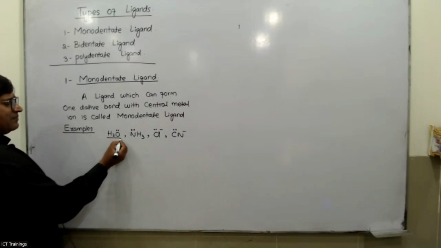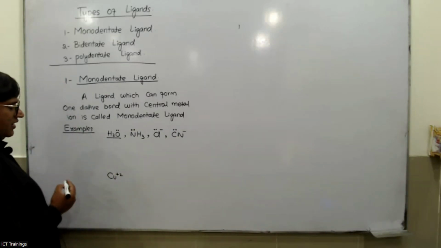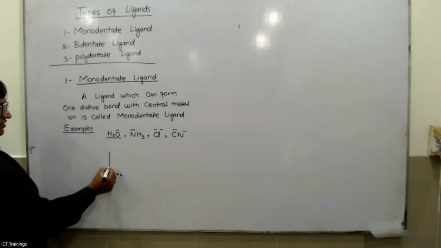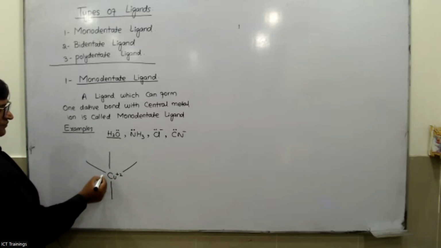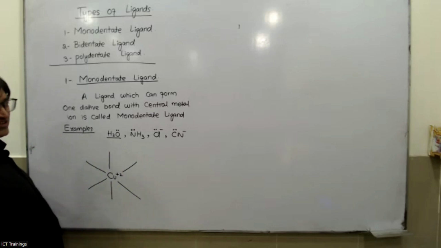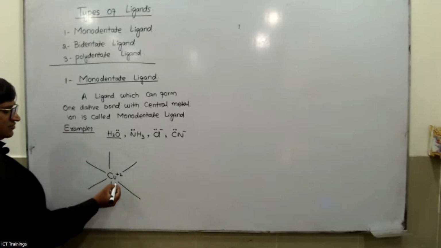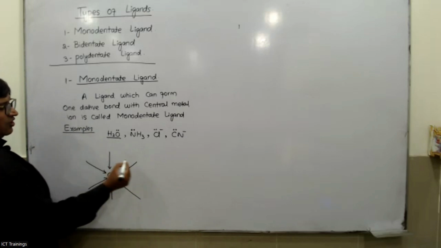I'm going to take an example of water. Let's take copper, that is +2. So what would happen? The water is going to form the dative bond with the copper, and I told you normally six, four, or two ligands attach. So we get six water molecules acting as ligands attached to the copper.